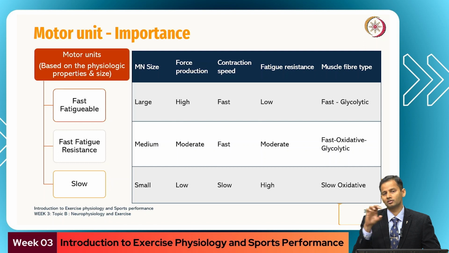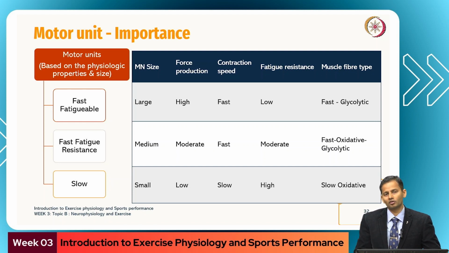Since the size is large, it also supplies the type 2 skeletal muscle fibers, namely the fast glycolytic. So, activation of these large motor units results in explosive, powerful activity using the anaerobic pathway, and hence they have low fatigue resistance. They get fatigued faster because of the type of activity they perform.